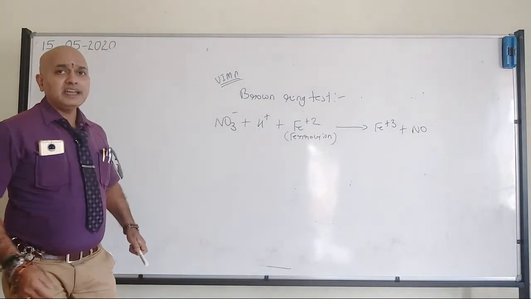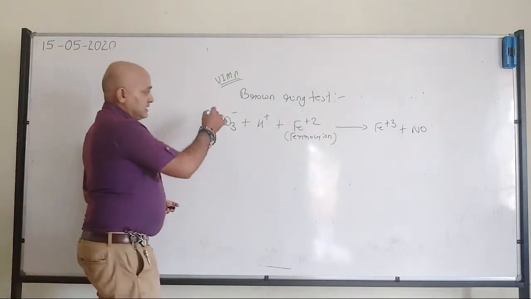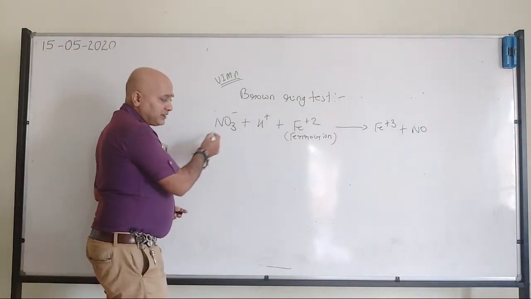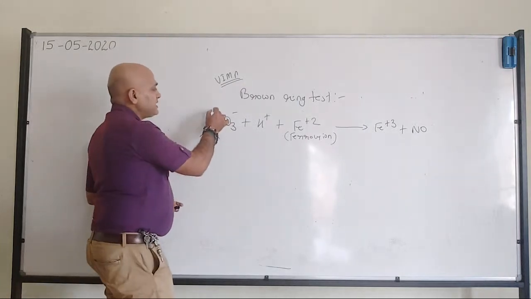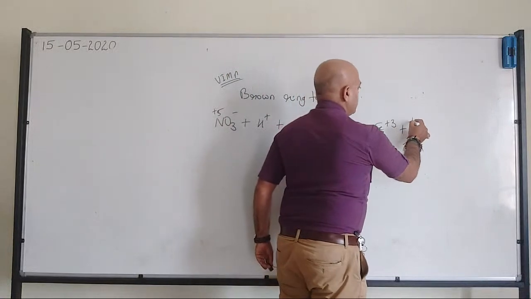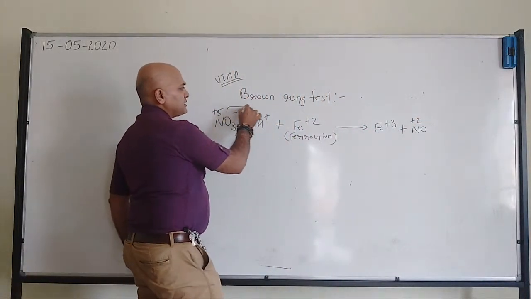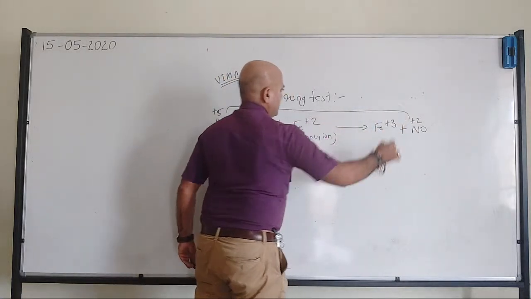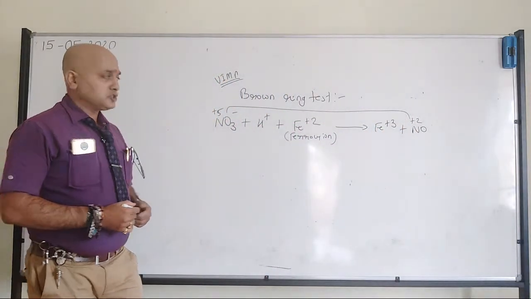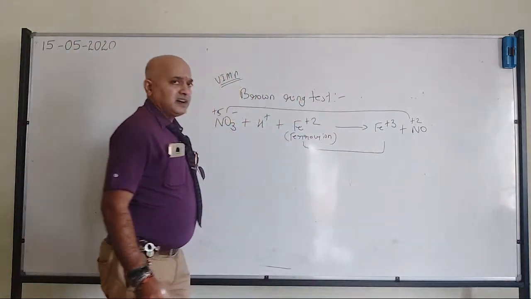So NO3-, what is the oxidation state of nitrogen? It is +5. Already we have discussed. Here it will be +2. So it's a redox reaction where nitrogen is getting reduced from +5 to +2, and iron is getting oxidized.